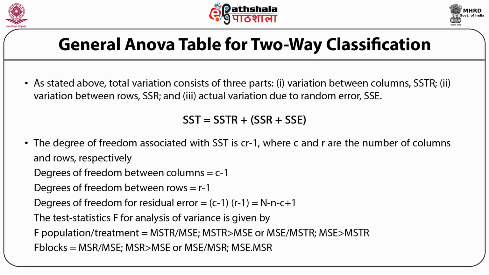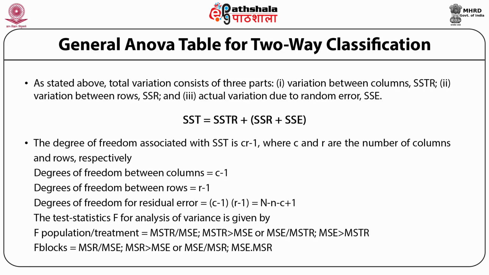In this case, when we have found out the F calculated, and based on the degrees of freedom of numerator and denominator, we have found out the critical value from the table. If the F calculated is less than the F table, we accept the null hypothesis H0, otherwise we reject the null hypothesis.